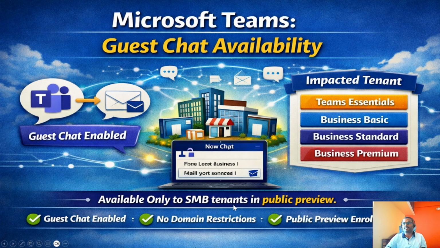So if you're an enterprise tenant, this feature will not be available at the moment. And you can see the license types here. This works well if the person has a Teams Essentials license or a basic license like a home license, for example, and if they have Business Standard, like E3, or Business Premium, like E5, that should still work.